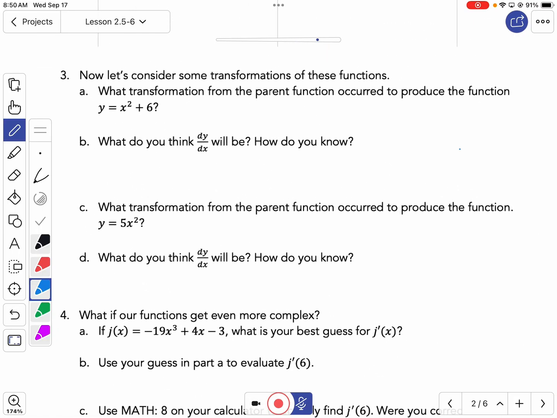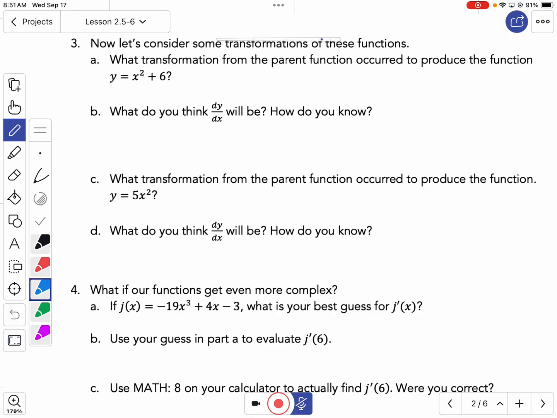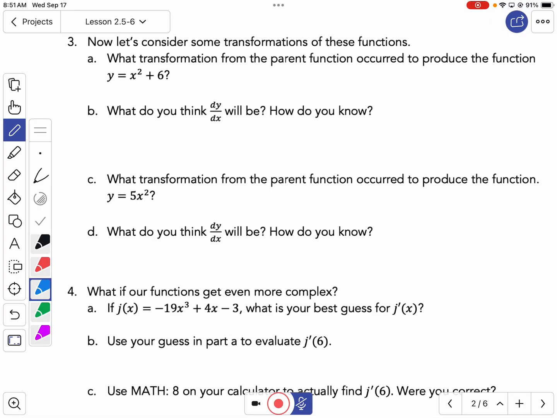Let's talk about some transformations. Okay, so now let's take that quadratic and we're just going to scoot it up 6. I just told you the answer. The transformation was we went up 6. What do you think dy dx, or the derivative, will still be? It will still be 2x, okay? How do we know that?